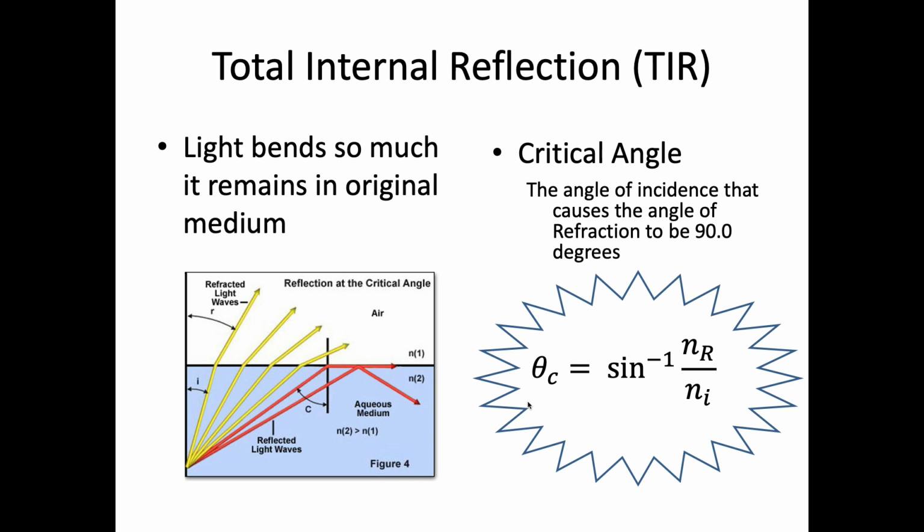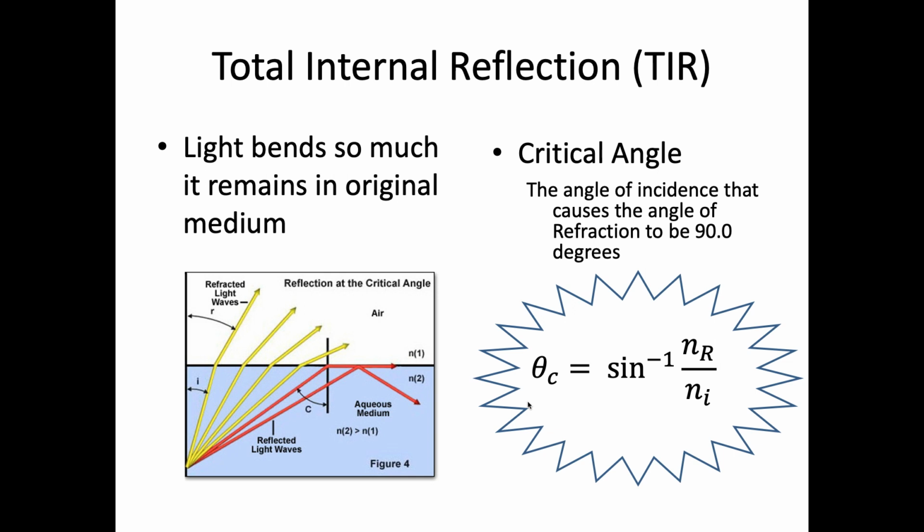The thing you need to remember is that total internal reflection and critical angle can only occur if the refracted medium, the n value, the optical density or index of refraction for the material you're trying to go into, is smaller than the material you're trying to leave.